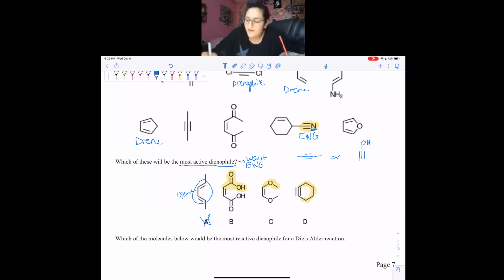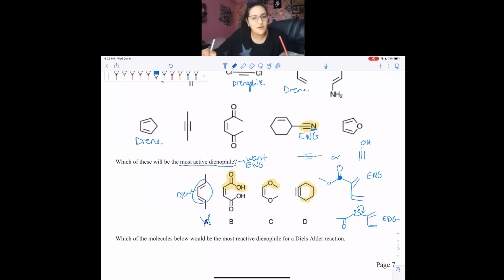If we have a carbonyl and it's attached like this, it is an electron withdrawing group because it's attached at the carbonyl. But if it's attached like this, then it's going to be an electron donating group because this has a lone pair.